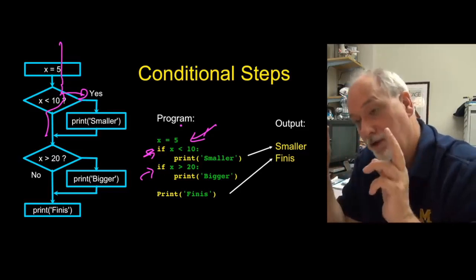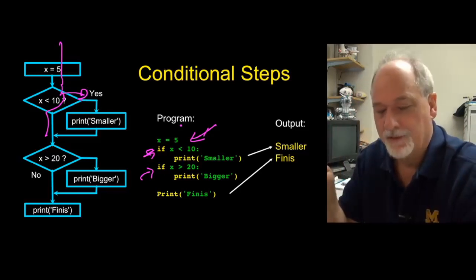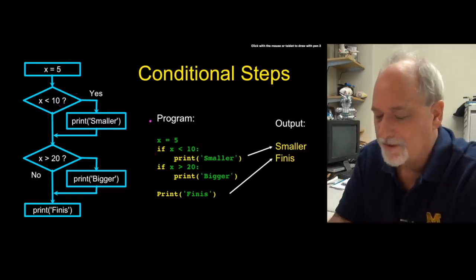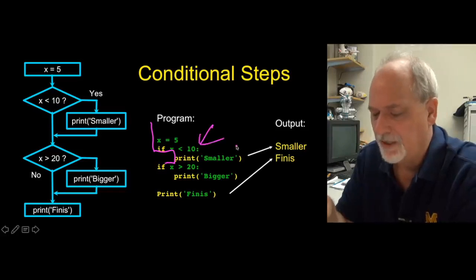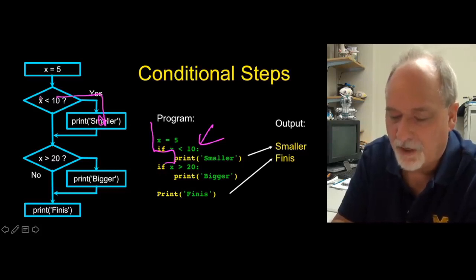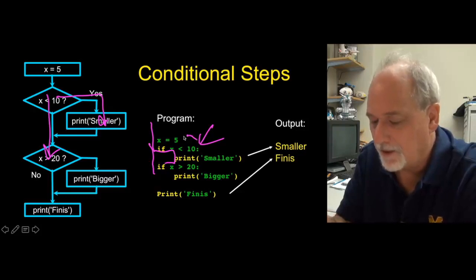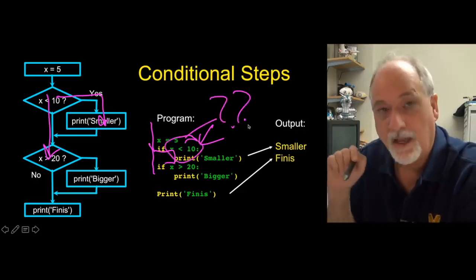If it's less than 10, that's true. If it's greater than 10, it's false. Then we have this indented block of code, and this colon tells us we're at the beginning of an indented block. So basically, if this is true, run that code. If it's false, skip that code. It can either run it or skip it, depending on the question being asked.